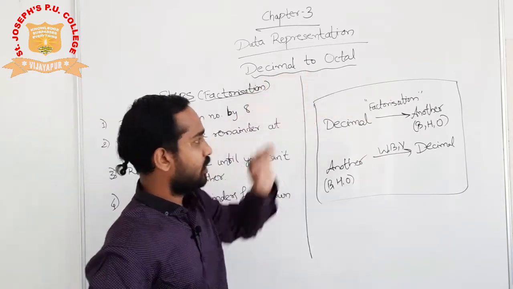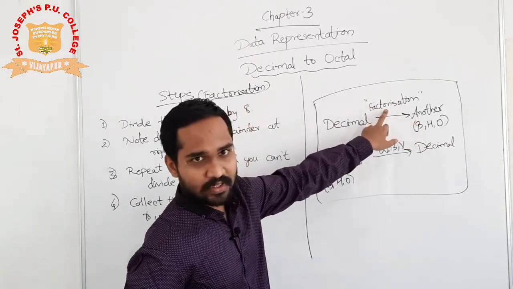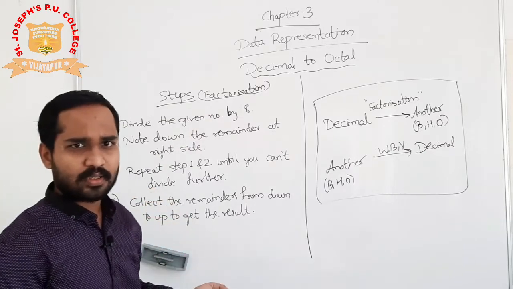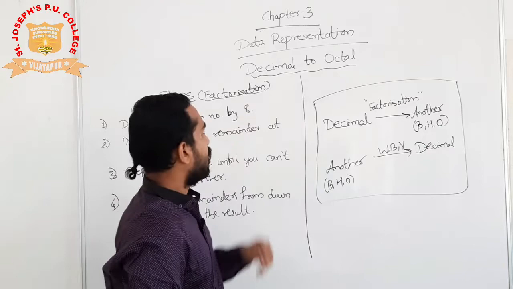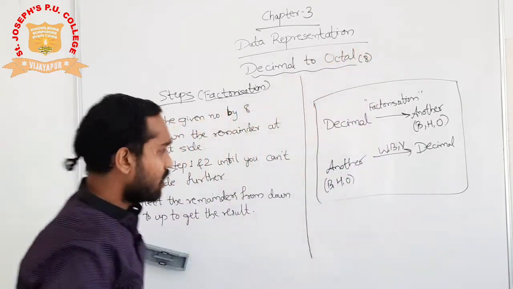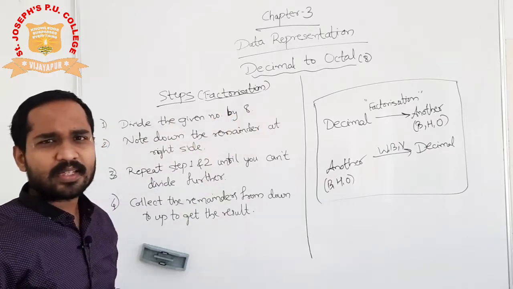Decimal to octal, decimal to any other number system, that is factorization. The factorization steps are given here, you already know this. In binary we divide by 2. In octal what is the subscript needed? 8, isn't it? So divide the given number by 8 and repeat the same procedure.